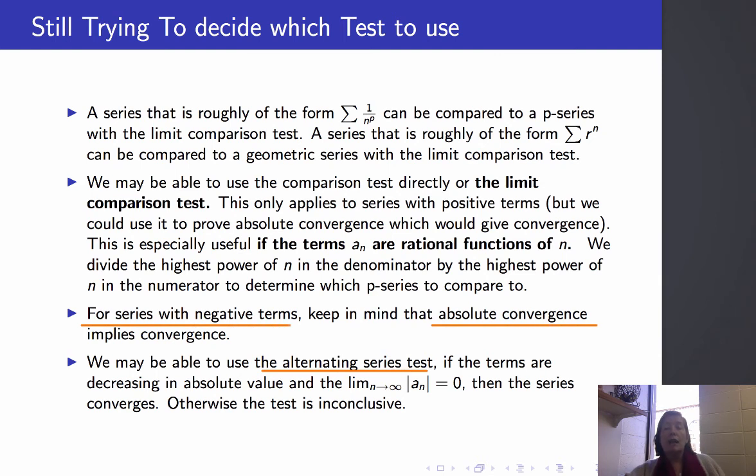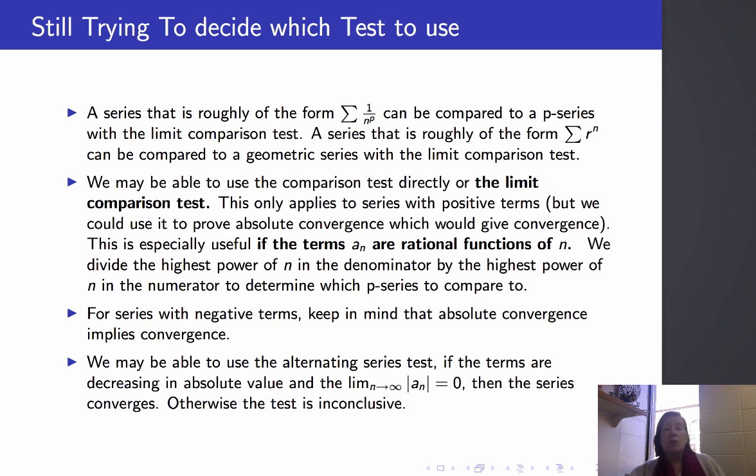If series have negative terms, you should keep in mind that absolute convergence will imply convergence. So if you forget about the negative parts, and you can conclude convergence using the limit comparison test, then you've got convergence.